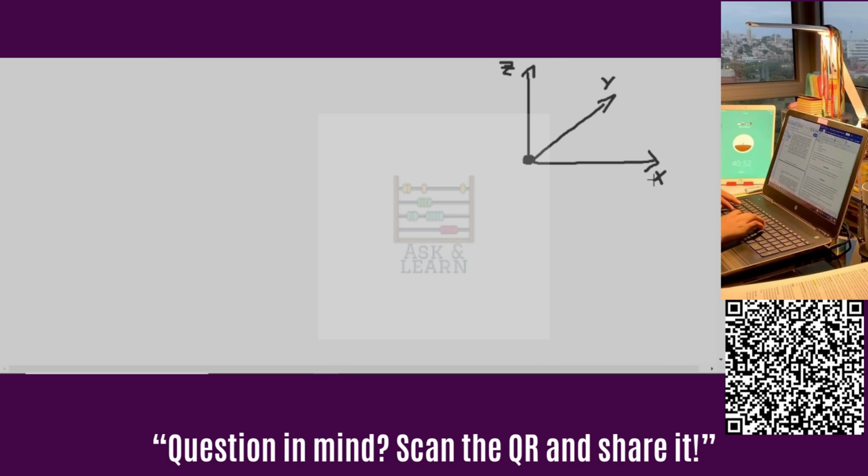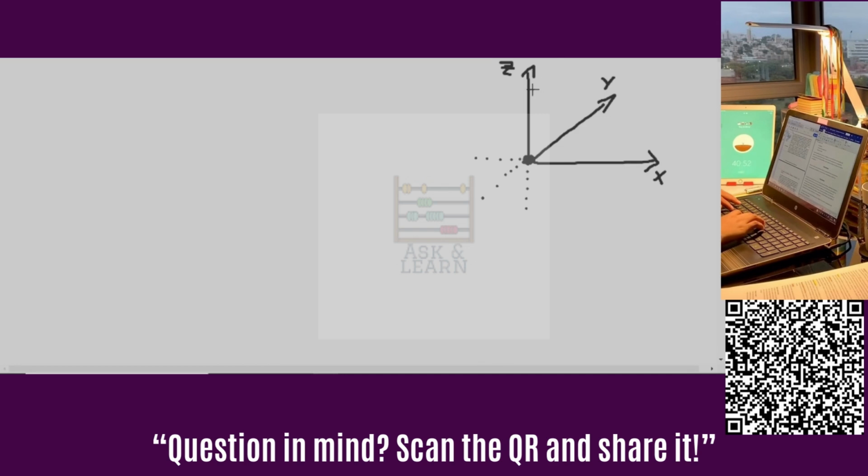This is a three-dimensional axis here, negative z going down, negative x going to the left, and negative y coming out of the page. So positive y goes into the page here.